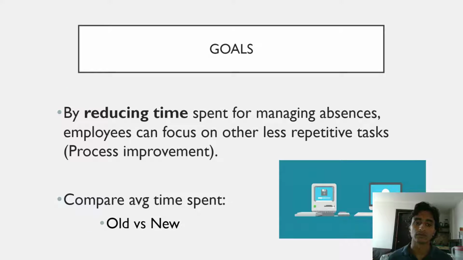The goals were to mainly reduce time and to manage these absences. This is a process improvement, the old versus the new one. At the end we could compare the old system's time and the new one's, so that we could prove that the new system was more effective and more efficient. The goal was to replace the old one.